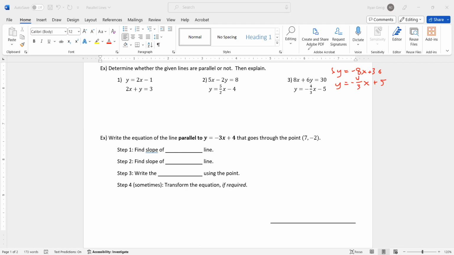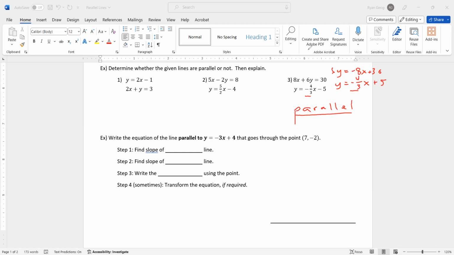So slope of the first one is negative 4/3. Slope of the second one is negative 4/3. Y-intercept for the first one is positive 5. Y-intercept for the second one is negative 5. Those are different. These are parallel. The slopes are the same and the y-intercepts are different.